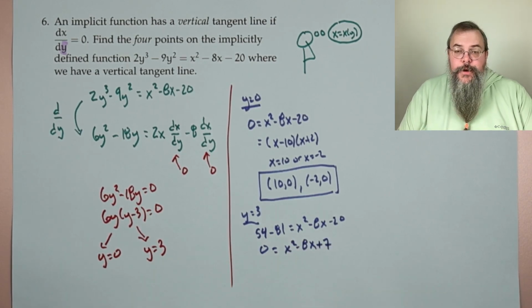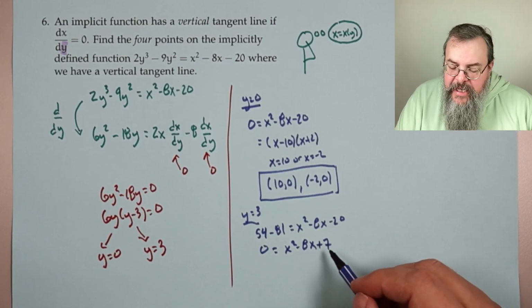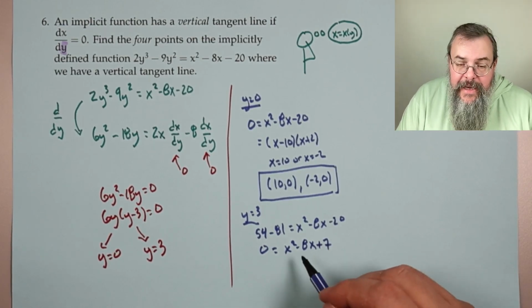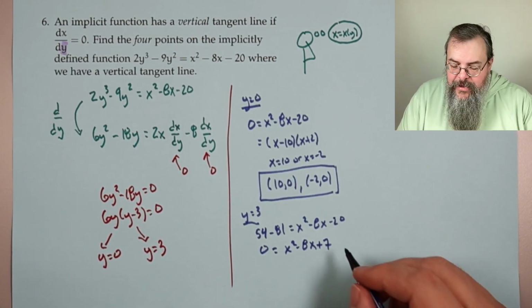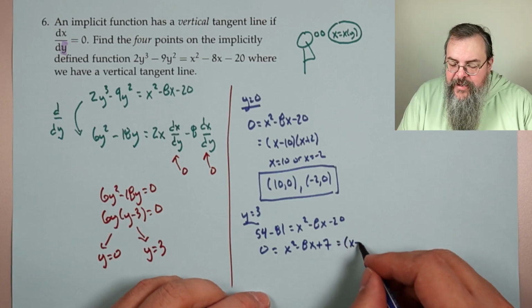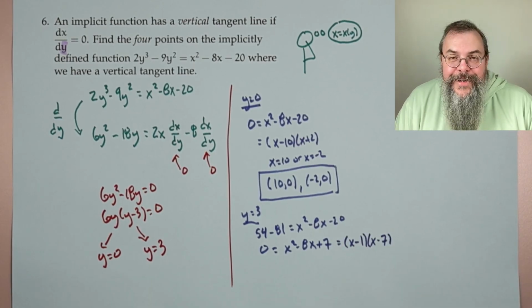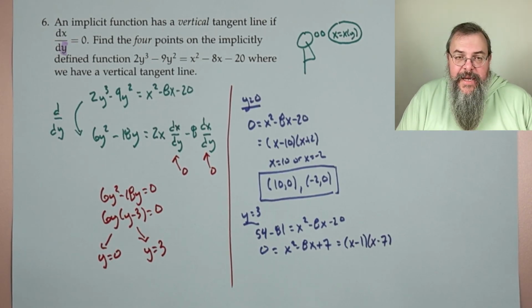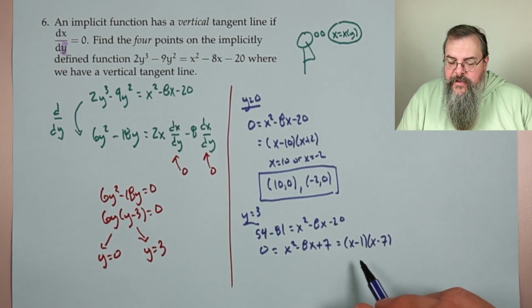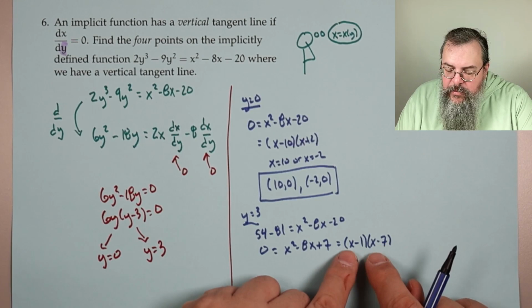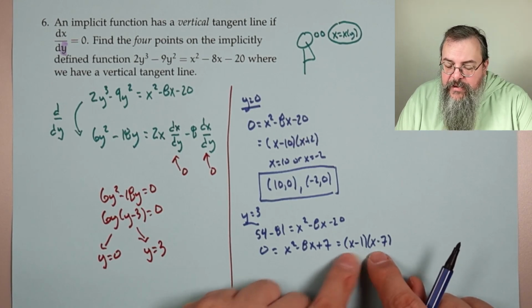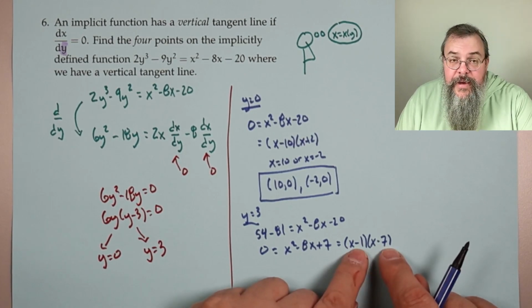Now we're looking for two numbers that multiply together to give 7 and add to give negative 8. 7 is super easy to factor, depending upon your perspective. So it factors, and let's check: x squared minus 7x minus x is minus 8x, and plus 7.